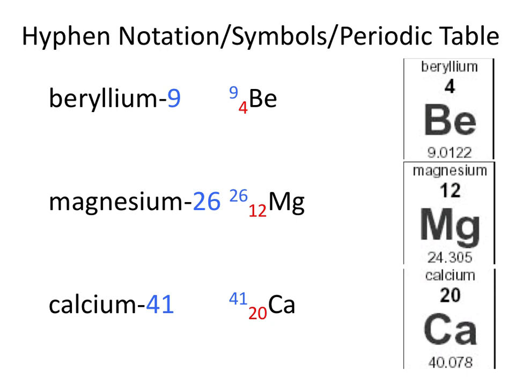Now, how are we going to identify these, and how are we going to represent the fact that we're dealing with specific isotopes? We're going to use something called the hyphen notation. You're going to have the name of your element, a hyphen, and then the mass number. So this is beryllium-9.